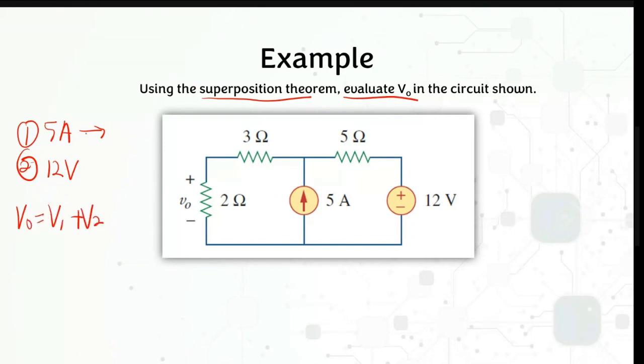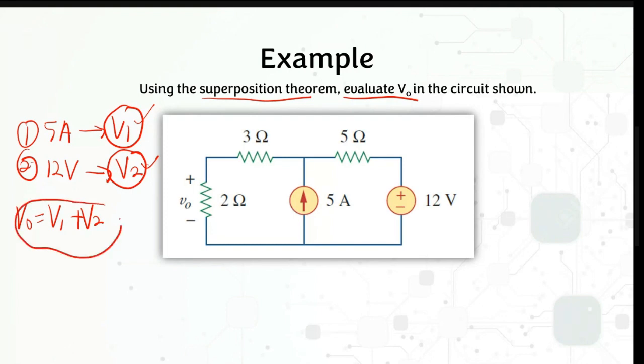Let's say 5 ampere is V1 and 12 volts is V2. So you need to calculate these two values. When you turn off this 12 volts, you can get V1. When you turn off this 5 ampere, you can calculate V2. And then you can just add up these two values to get the value for your V naught.